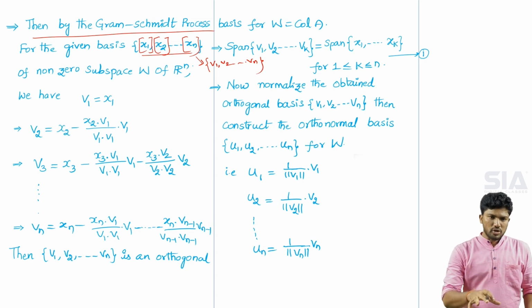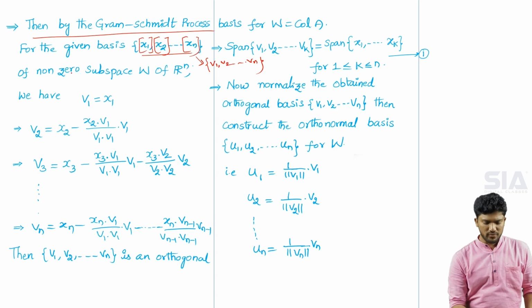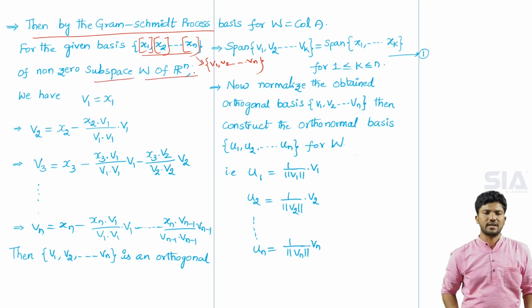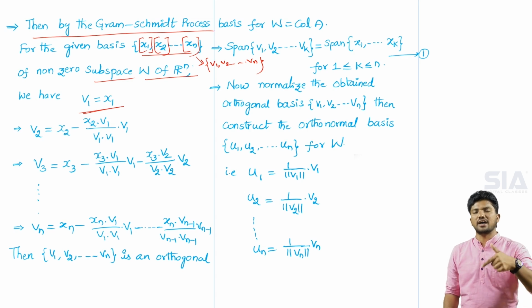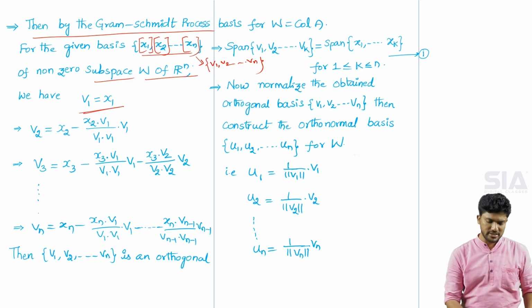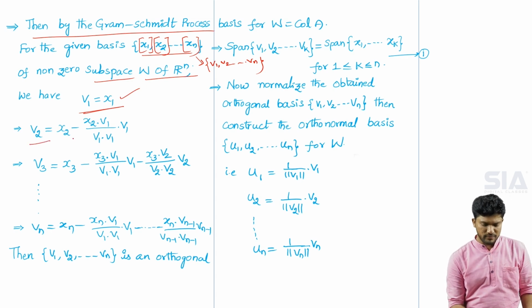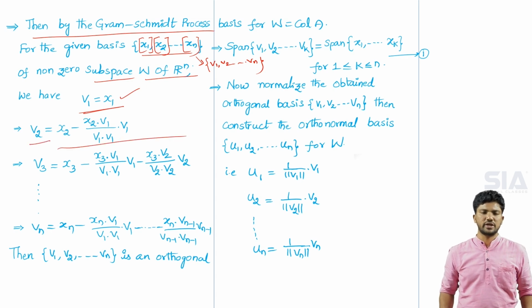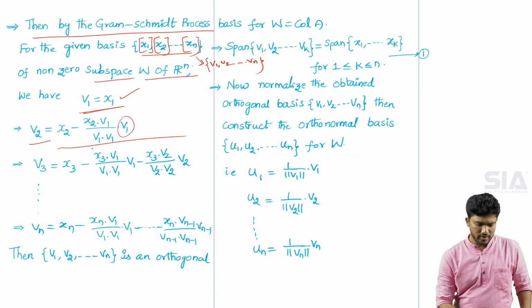By the Gram-Schmidt process, for a given basis x1, x2 up to x suffix n of non-zero subspace W of Rn, we have the formulas to find the orthogonal basis. v suffix 1 is equal to x suffix 1. v suffix 2 is equal to x2 minus (x2 into v1 by v1 into v1) into v1.